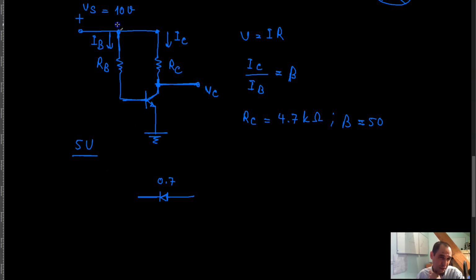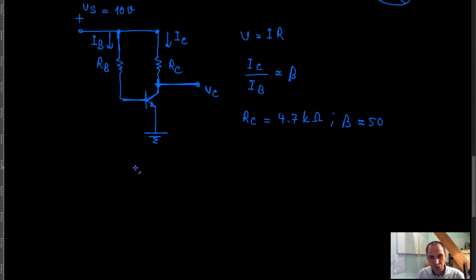But in this case, where our supply voltage is 10 volts, you can ignore all of these voltage drops, and you can assume that there is no voltage drop across these PN junctions, right?